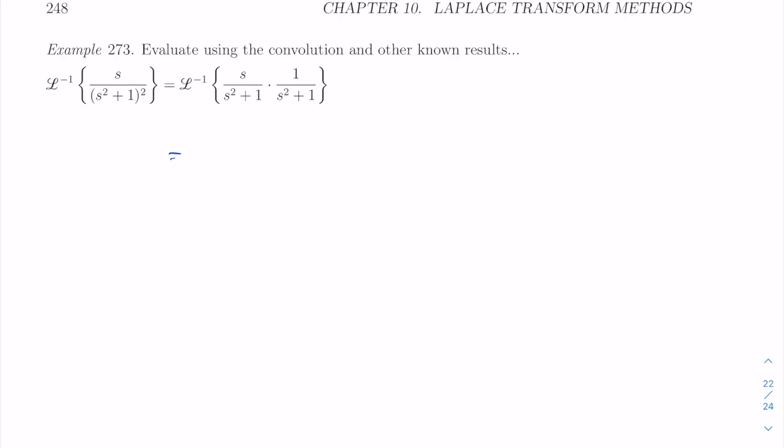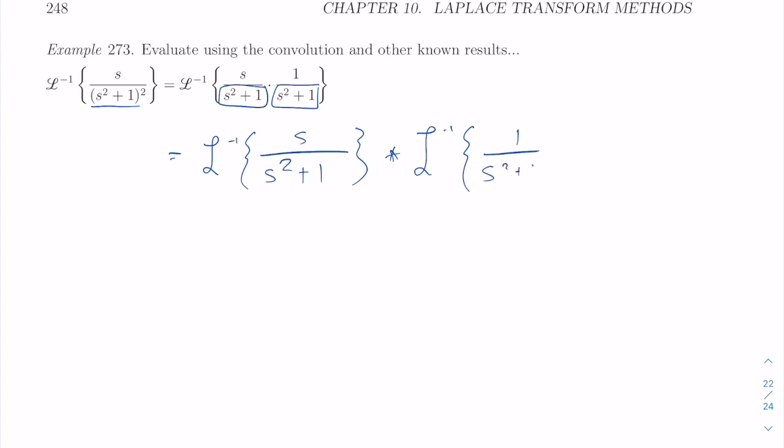So the inverse Laplace transform of s over s squared plus 1 squared, I can put one of the s squared plus 1's there, one of the s squared plus 1's there. And this turns into s over s squared plus 1 convolution inverse Laplace transform of 1 over s squared plus 1.